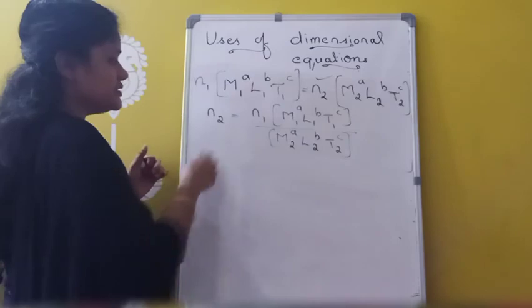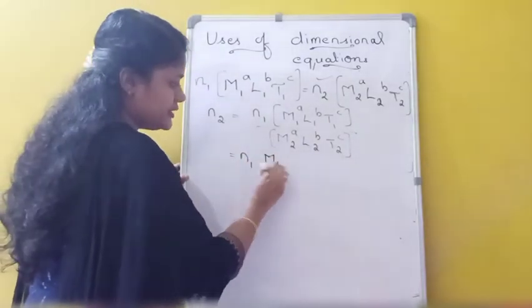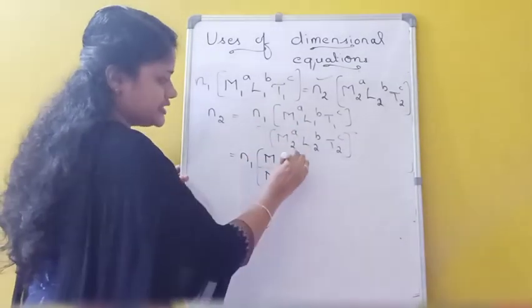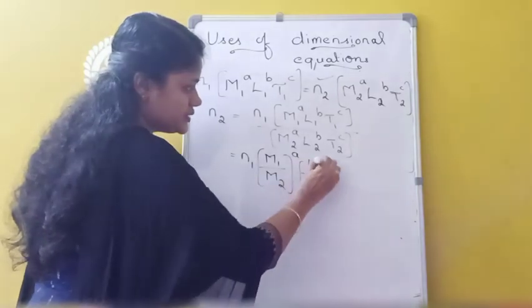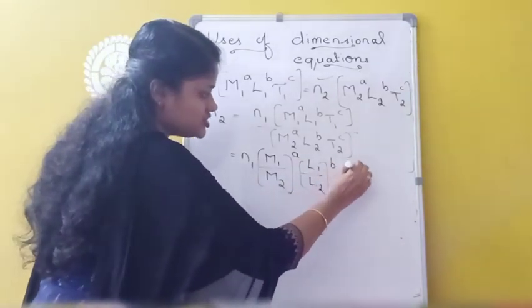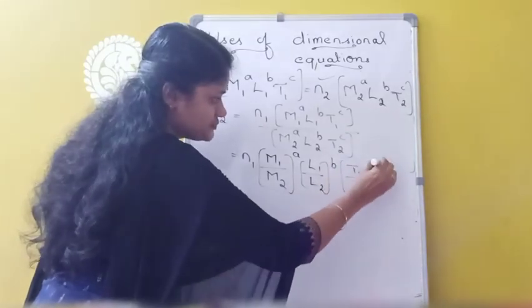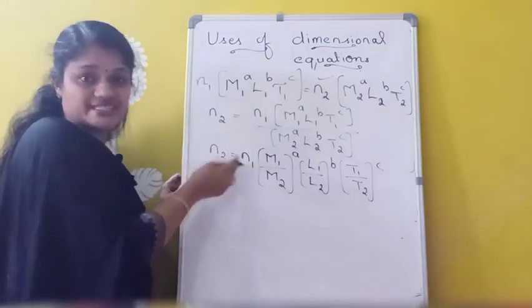So N2 equals N1 into M1 by M2 raised to A, L1 by L2 raised to B, and T1 by T2 raised to C. By this formula we can find the numerical value for the second system.